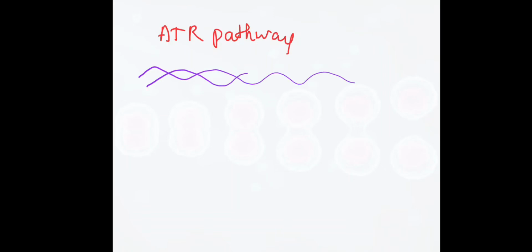I'll draw the double-stranded DNA itself and make a single strand break. It will be good enough to draw the break here. Here the sensor RPA plays an important role.